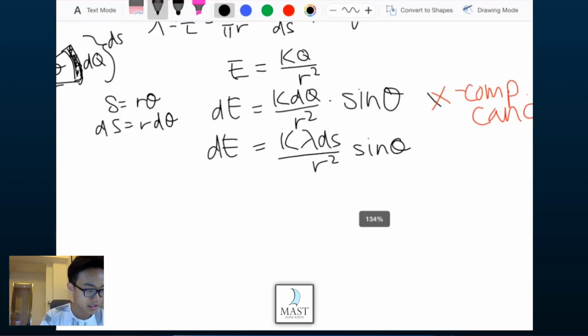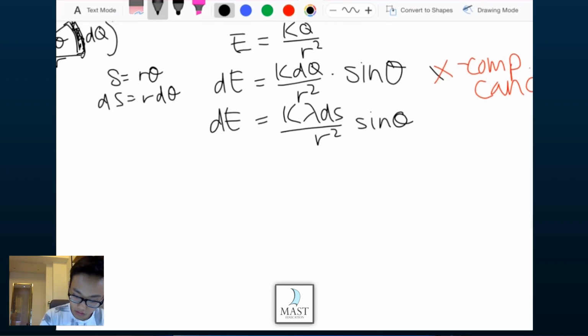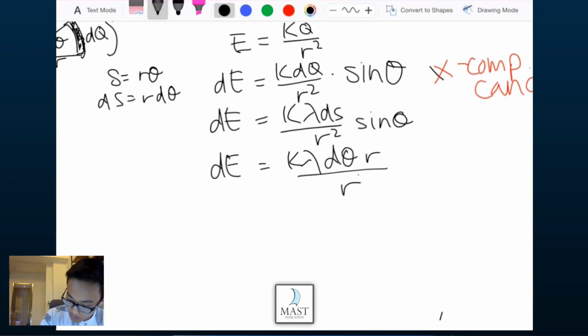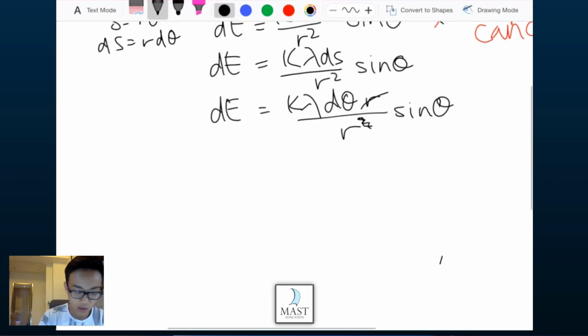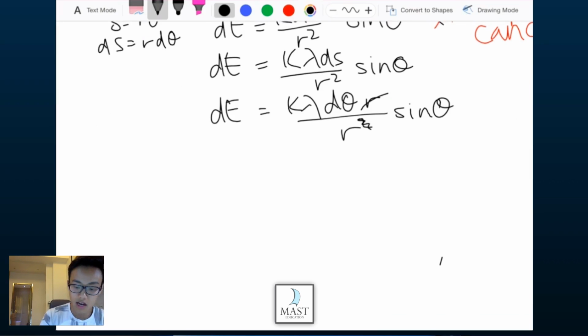And then from there, we'll continue to simplify and find that dE equals k lambda d theta times r over r squared sine theta. And then we'll realize that the r's cancel, leaving only one r at the bottom. And right now, we're going to integrate.